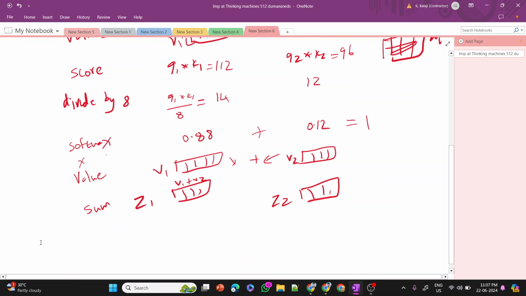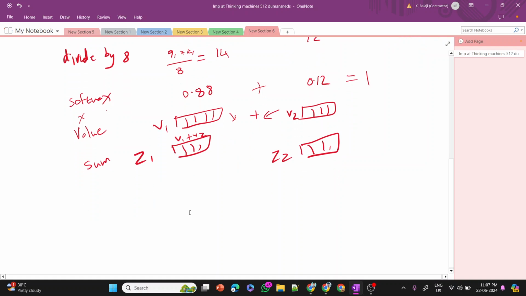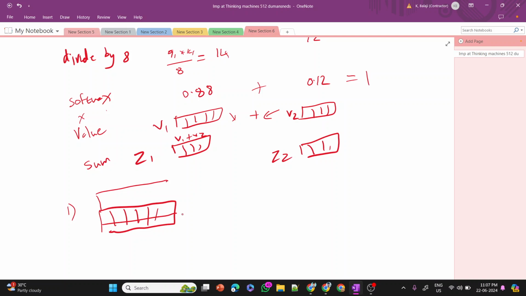Like this the summation happened, and then these z values are concatenated together. z1 and z2 are concatenated together and form an attention head.